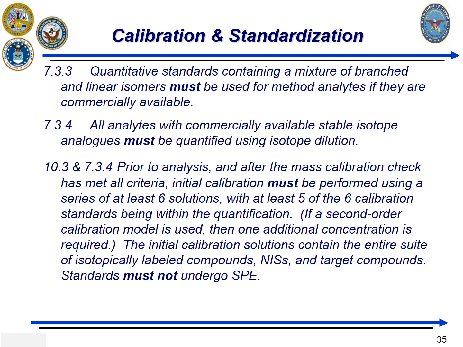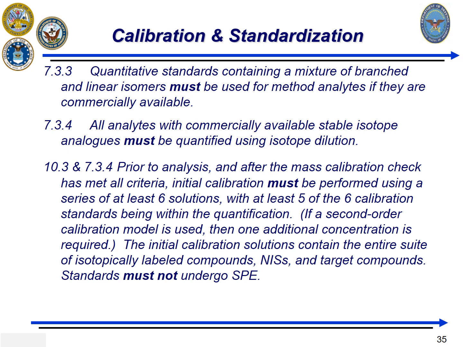Sections 10.3 and 7.3.4 state that prior to analysis and after mass calibration check has been met, initial calibration must be performed using a series of at least 6 solutions, with at least 5 of the 6 calibration standards being within the quantification range.